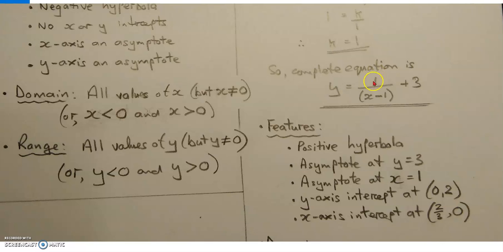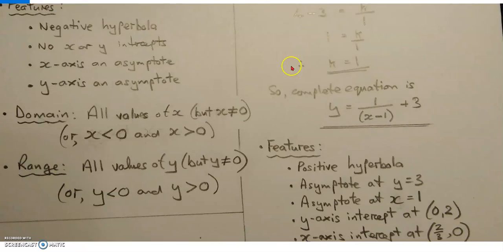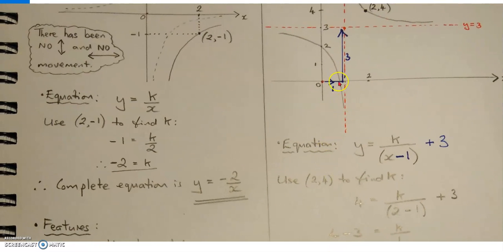You've got minus 3 is 1 over (x minus 1). You could then cross multiply the minus 3 down here and the x minus 1 up there, and I'll let you do the rest to find out why it works out as 2/3. If you do that properly, you will see that in fact x equals 2/3, and if you look at the graph, you'll see that that's roughly correct. If that's a half there, then that's roughly 2/3 about there.